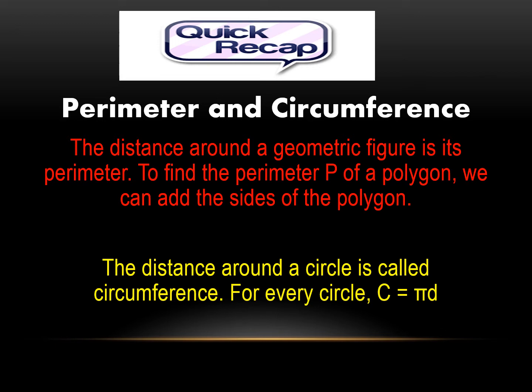While circle is a closed curve, the distance around a circle is called circumference. And for every circle, circumference is equal to pi multiplied with its diameter. So both circumference and perimeter are the same. Only we refer circumference to circle.